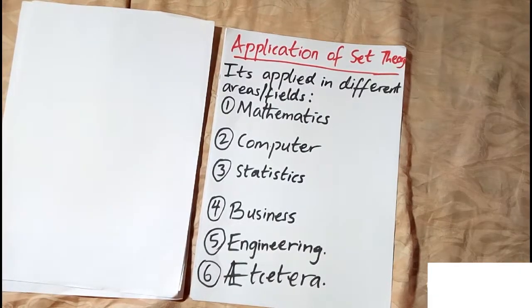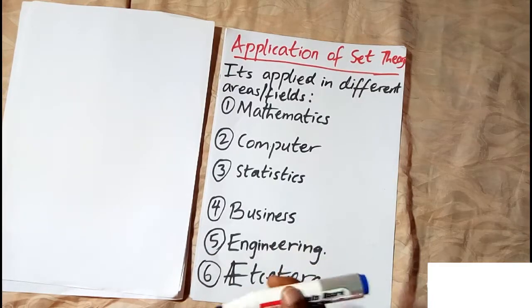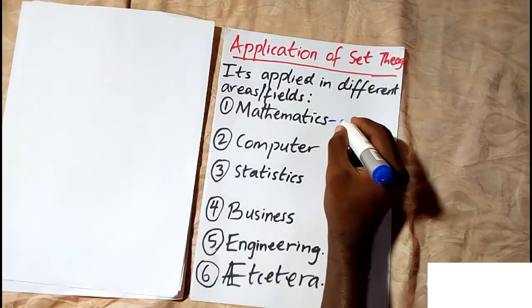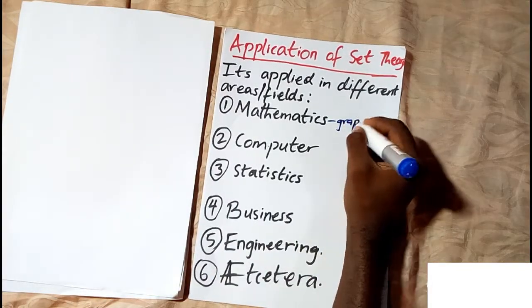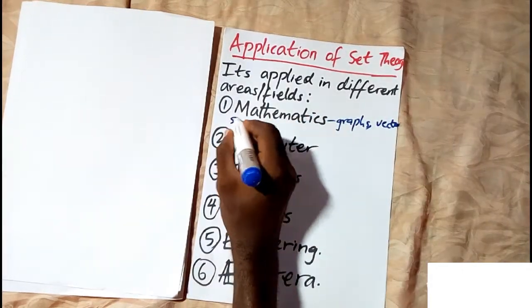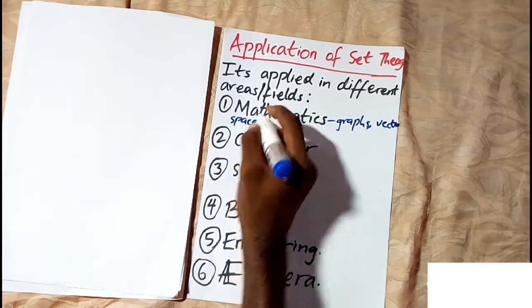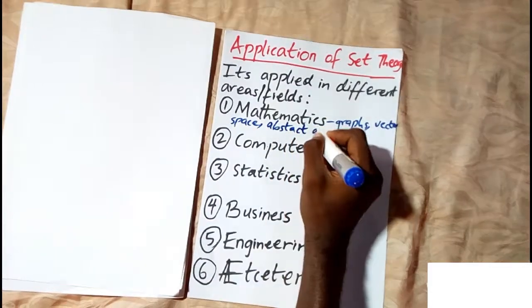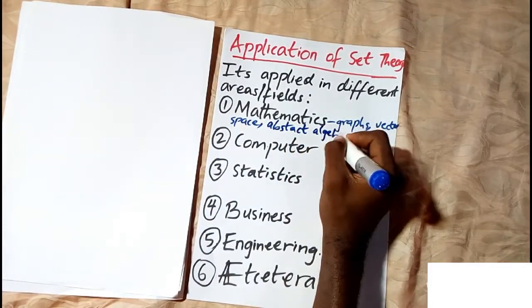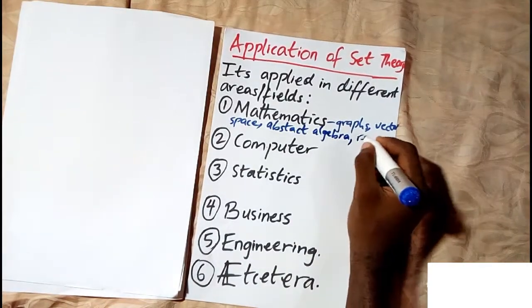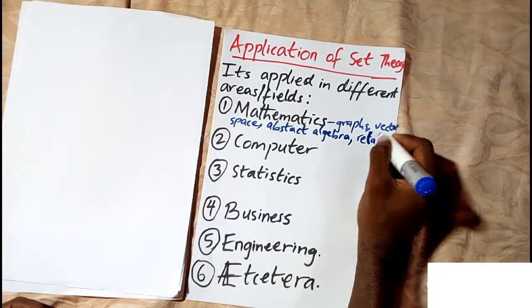It is applied in mathematics, in mathematical structures such as graphs, vector spaces, abstract algebra, when we talk of number systems and analysis, and mathematical relations. All these are places where sets can be applied in mathematics.